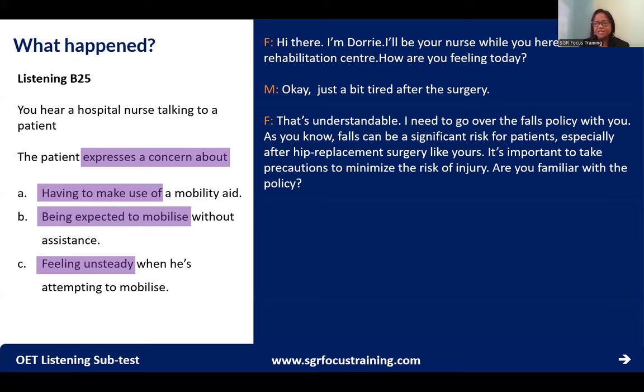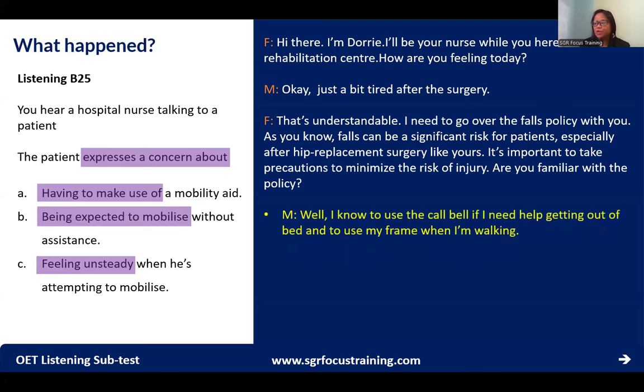Now, I'm going to read the rest of what she mentioned because if you remember our question, we are focused on what the patient is concerned about, not the nurse, okay? So I'm going to move forward and show you the script about what the patient has informed us in the recording.